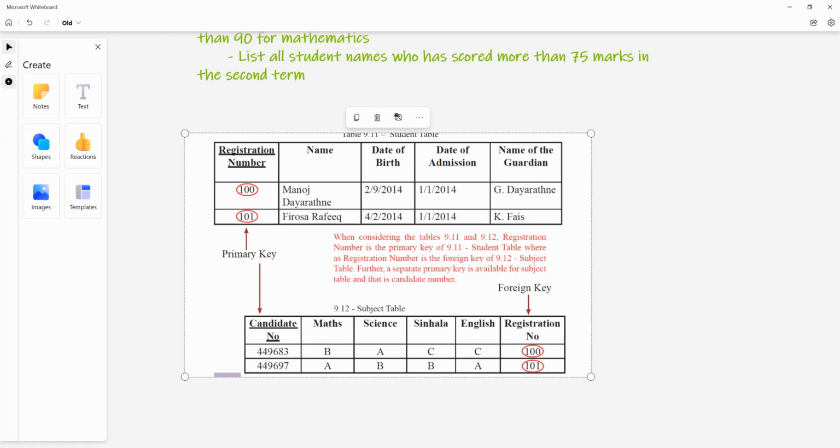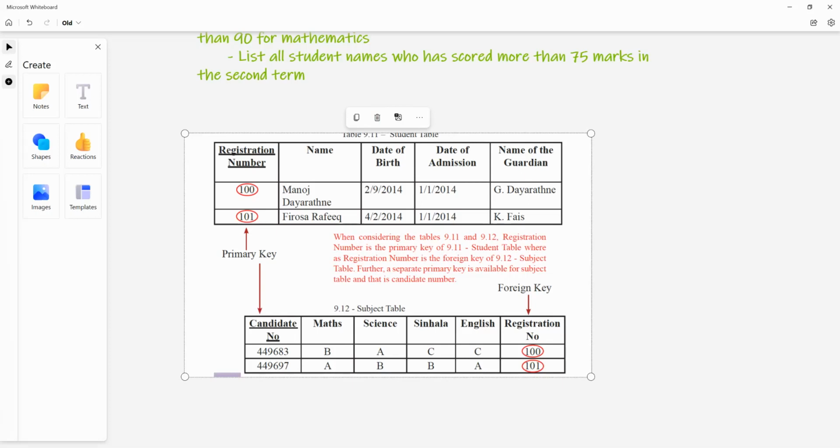Okay, Kanishka, do we have any foreign keys in the subject table? Yes, Malidu? Yes, registration number.